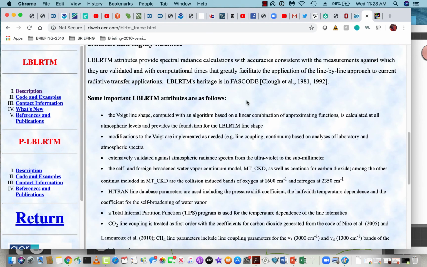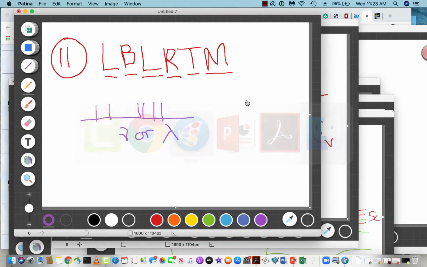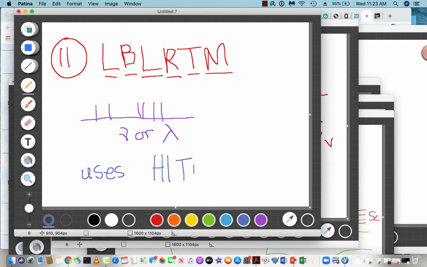The line-by-line code uses something called HITRAN, and I'll let you look that up on Wikipedia.